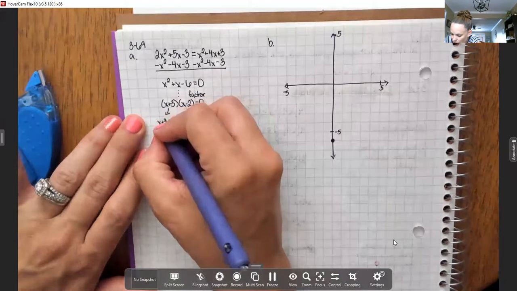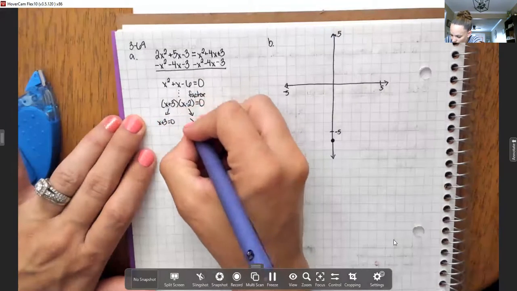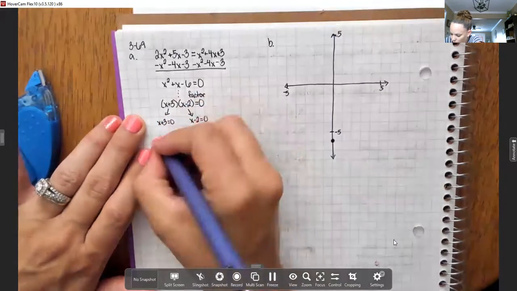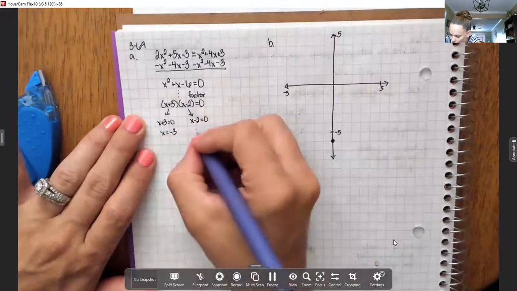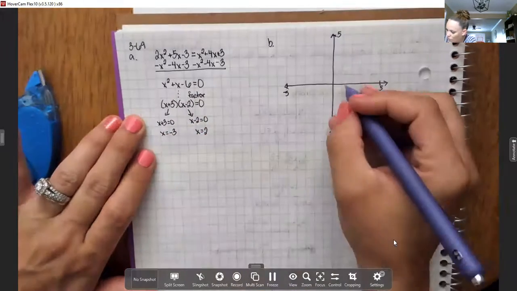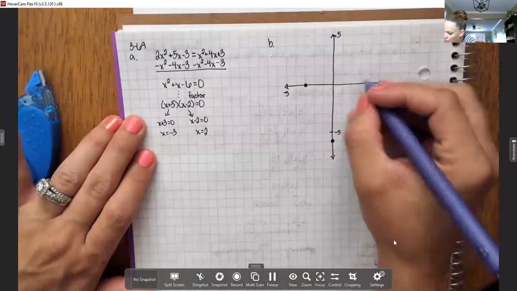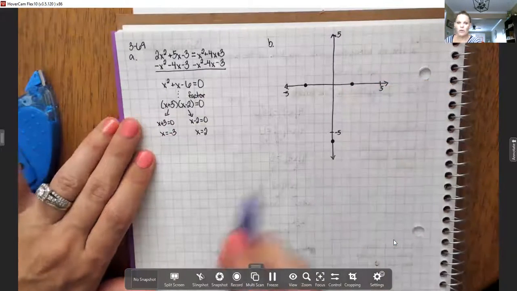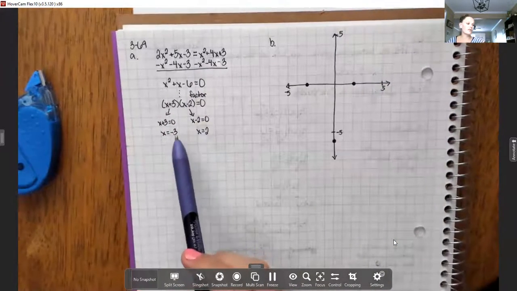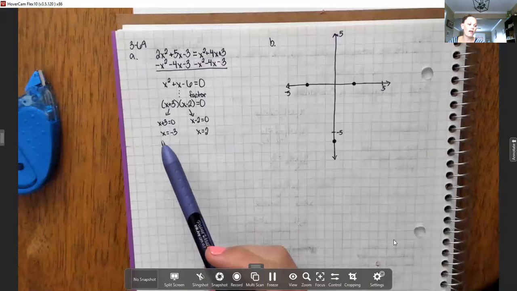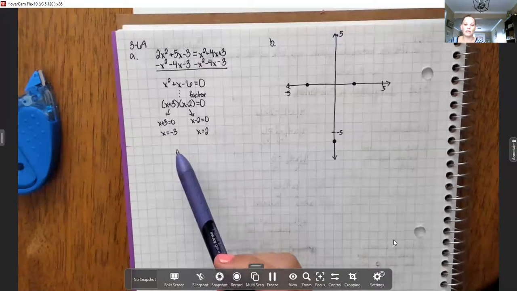So x plus 3 equals 0, x minus 2 equals 0. I would get -3 and +2. Those would be my x-intercepts. Remember, using the quadratic formula or factoring when we're talking in terms of a graph, those are going to be your x-intercepts.